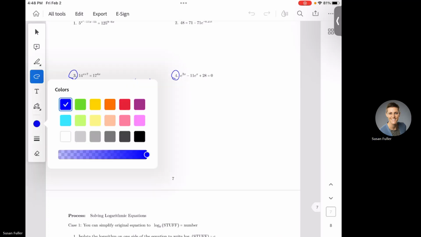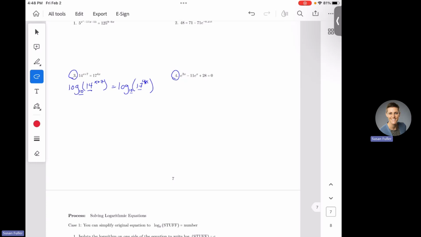But now that we have a log in here, I've got powers inside these logs. So what I can do is take the exponents and drop them out front just like we did in the last problem. So when I take the x plus 7 down, I'm going to have the entire x plus 7 times log of 14.